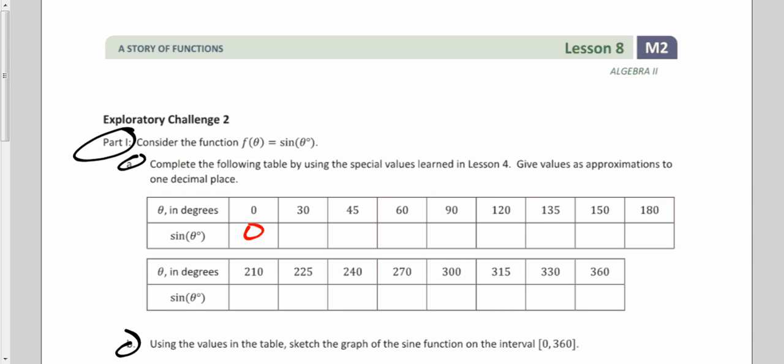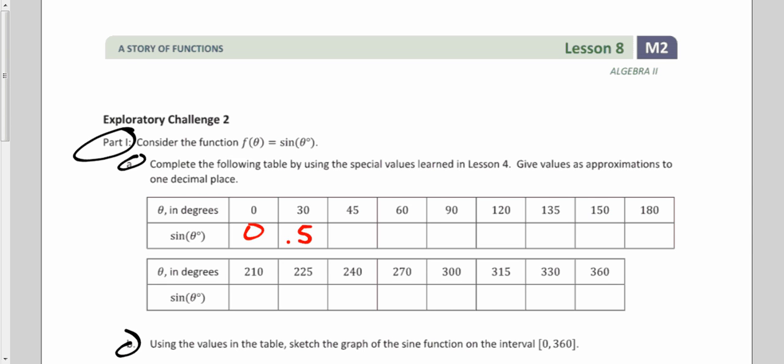Okay. All right. Sine of 30 degrees. 1/2. Now we're going to put it in decimal form. I'm not a fan of decimals, but we're going to do decimal form.